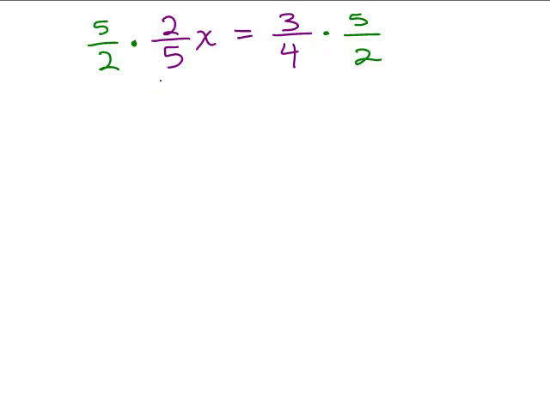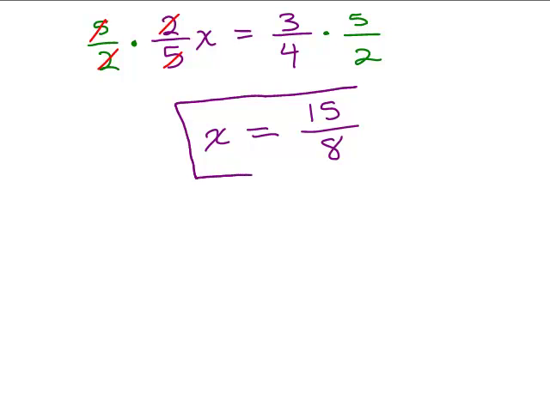So what does this give me? Well, the 2's cancel, the 5's cancel, so I have x equals, and does anything cancel on the right? Nope. So we've got to just multiply the numerators, 3 times 5 and 4 times 2.